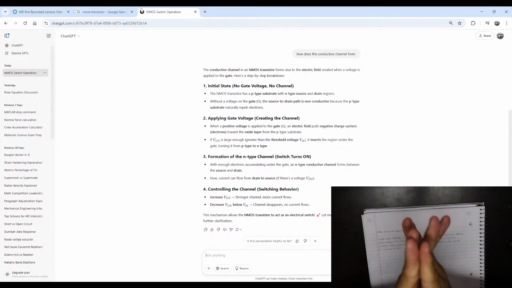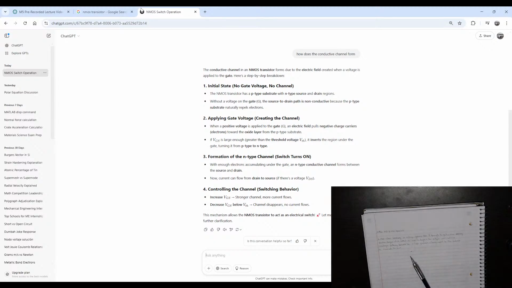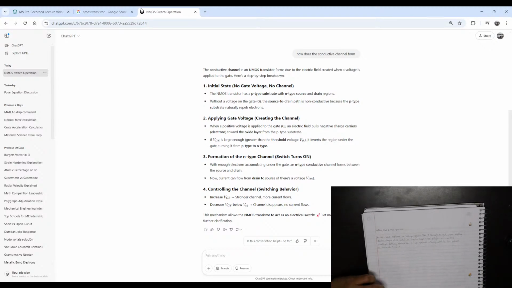When a positive voltage is applied to the gate, an electric field pulls. Oh, go ahead. Where am I?